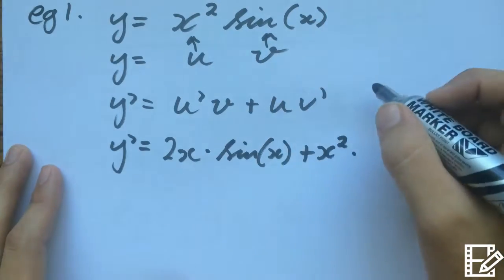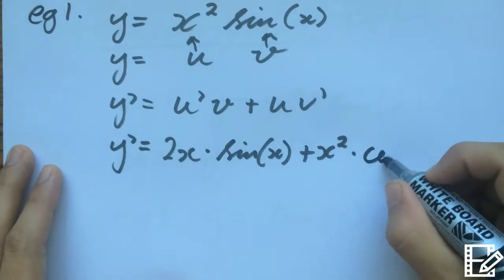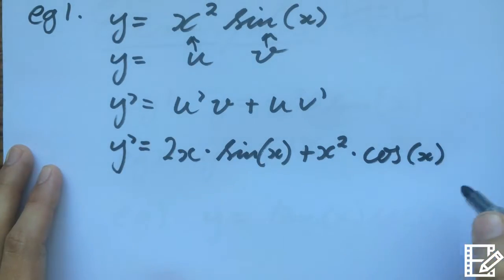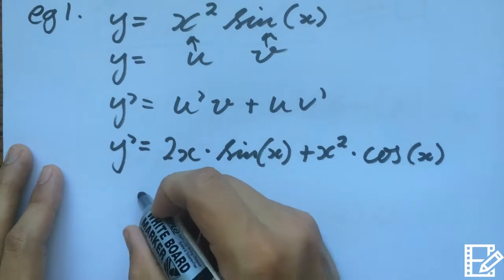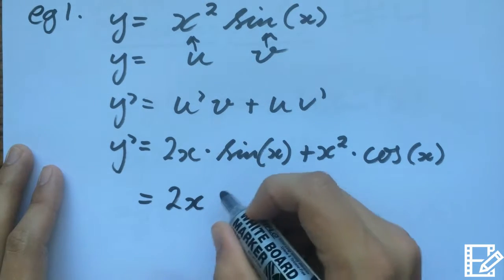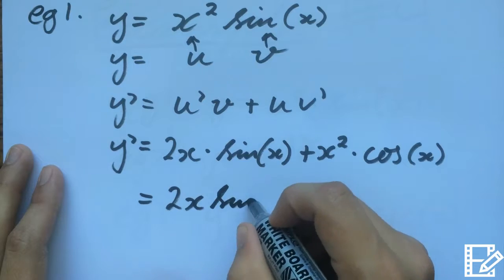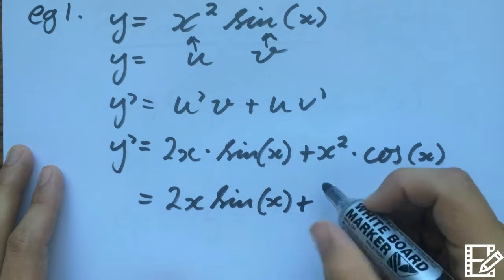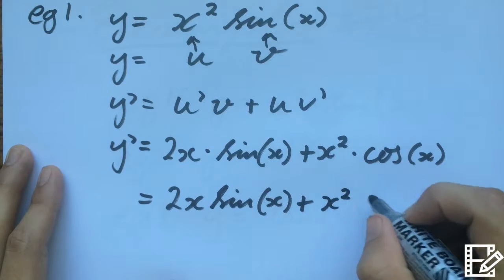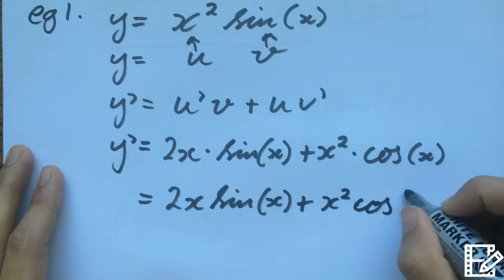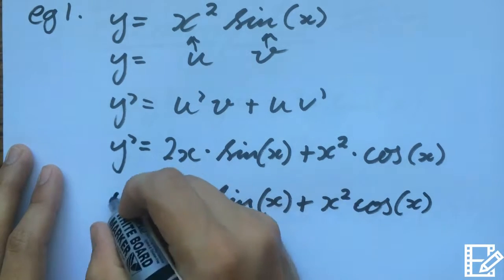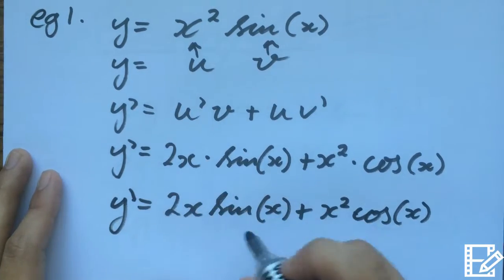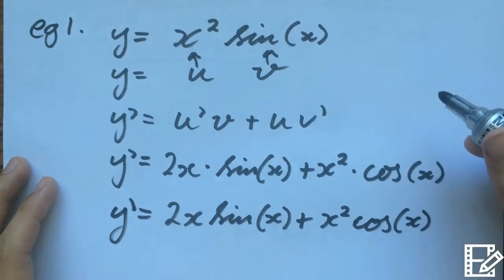V is sine x, so the derivative of sine x is cosine of x. Now I'm just going to rewrite it without the multiplications, just to make it look somewhat neater. But that is the derivative of this function up here.